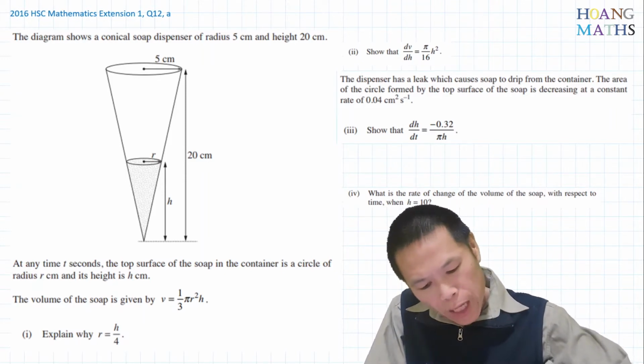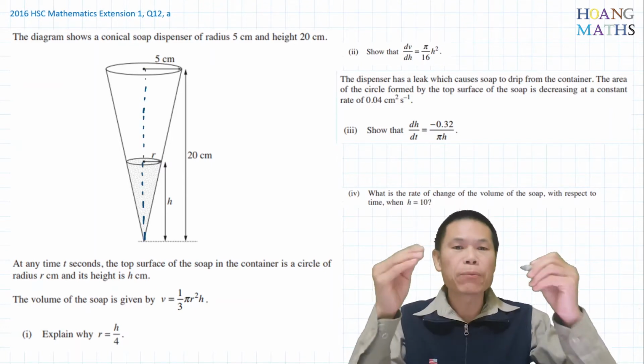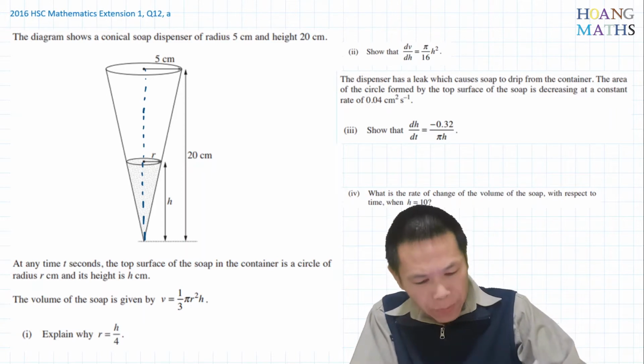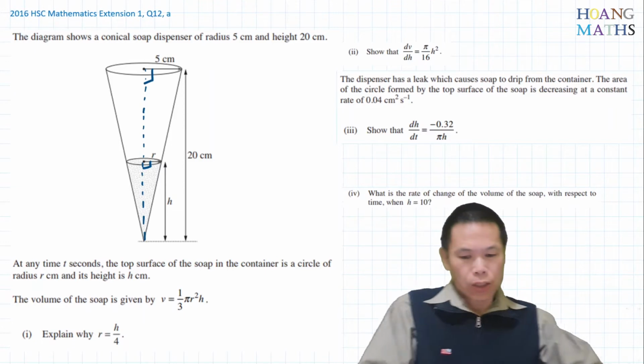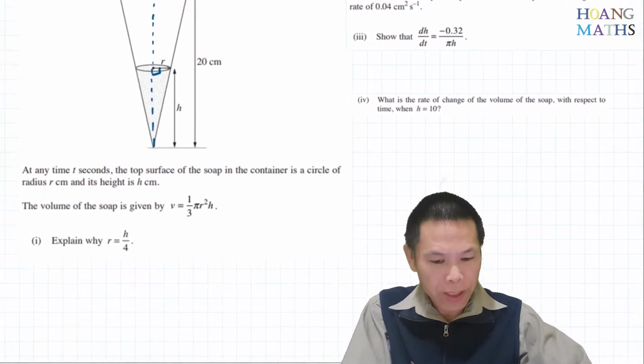So if we connect the height all together, we have two right-angled triangles here, a smaller one and a larger one. Let me just draw it out here.